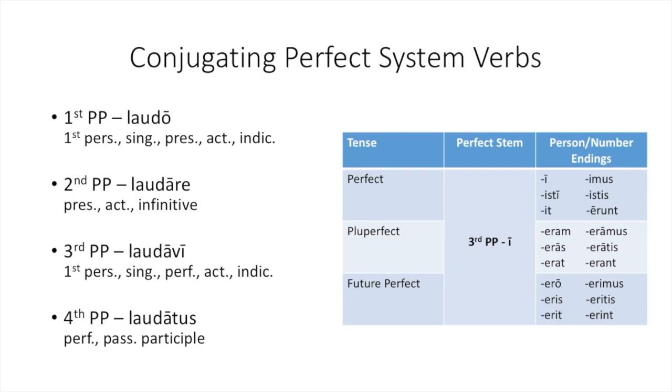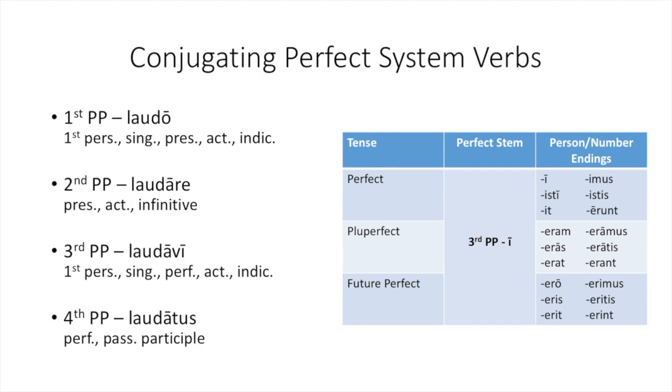It doesn't matter what conjugation the verb is, all verbs follow the same pattern. So we don't have to do anything different for first conjugation, second, third, or fourth. They all follow the exact same pattern. And all of them require your perfect stem, which is based off of that third principal part. And then your person and number endings also indicate the tense of the verb.